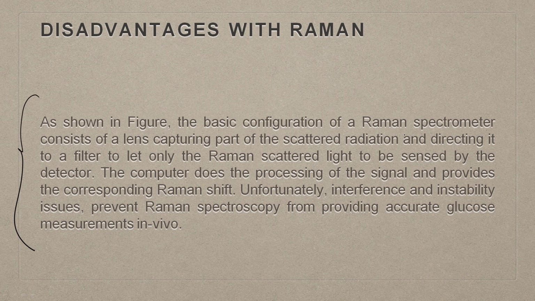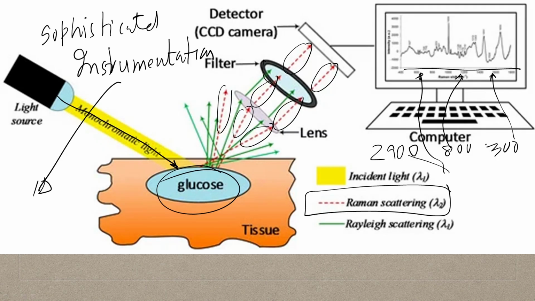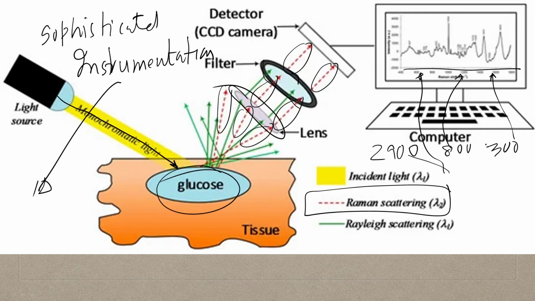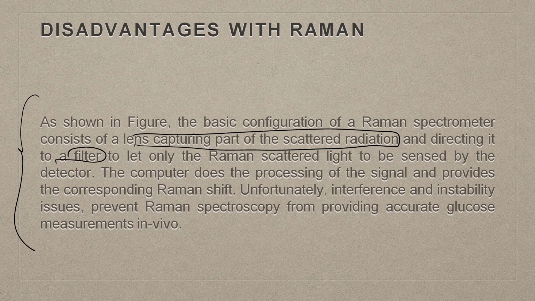The basic configuration of Raman spectrometer consists of a lens capturing part of the scattered radiation. As you could see, this is the lens which is carrying part of the scattered radiation, and directing it to the filter which is out here, the filter which is filtering out all the Rayleigh scattering, and let only the Raman scattered light to be sensed by the detector. The computer does the processing of the signal and provides the corresponding Raman shift.